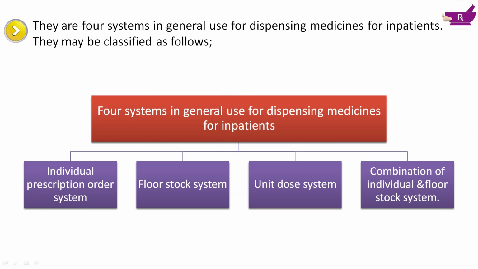First, we'll be studying the individual prescription order system, followed by the floor stock system, followed by the unit dose system, and the combination of these two, individual and floor stock system.